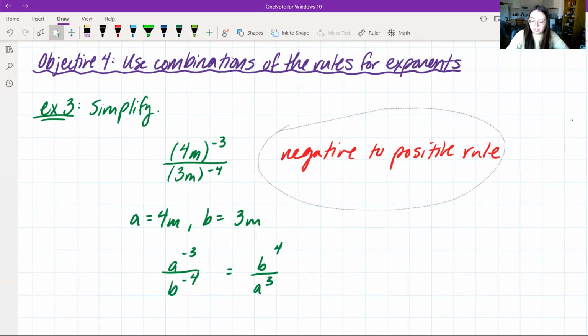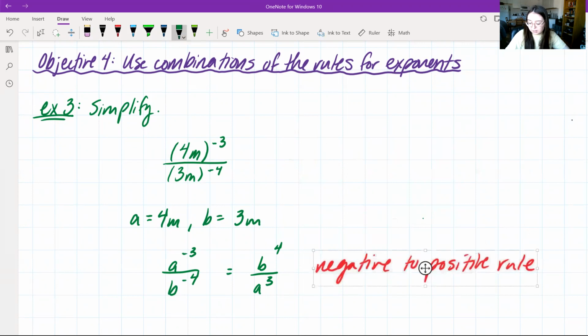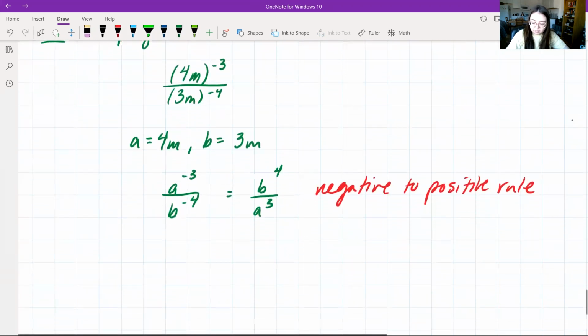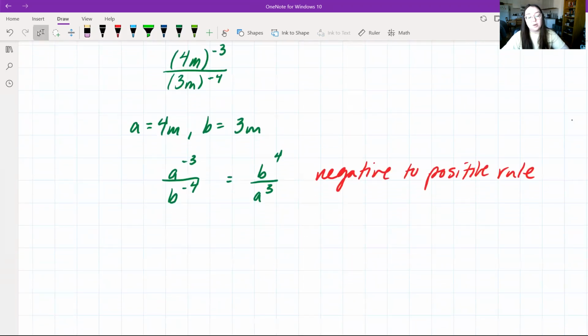So now we have this new expression and we can replace a and b with 4m and 3m. So what we really have here is 3m to the power of 4, divided by 4m to the power of 3.